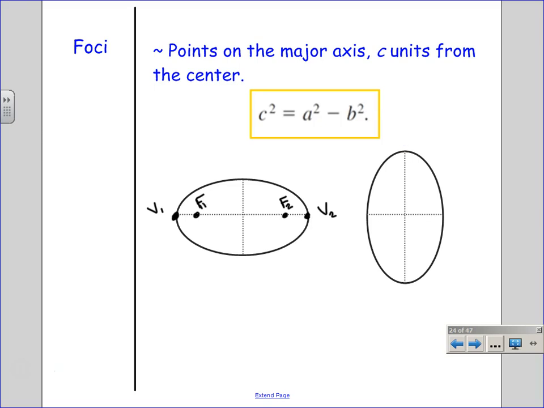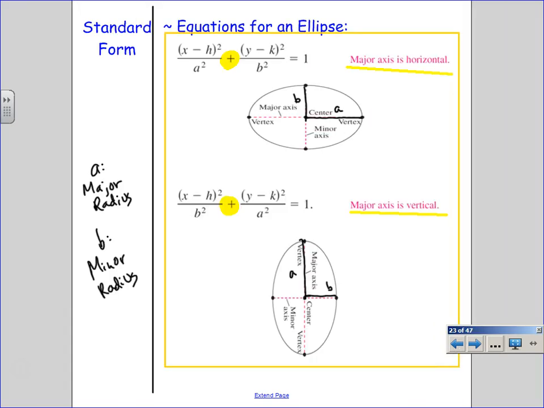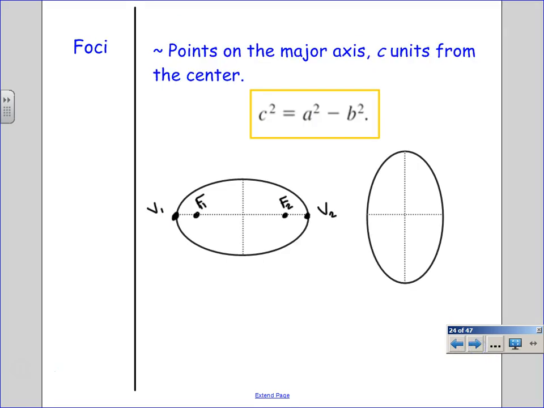Yeah. But do you see a point P anywhere in this? Nope. I don't see a P. But do you see A's and B's? So guess what? C is how far away from the center the focus is. Remember how HK isn't a vertex for an ellipse?